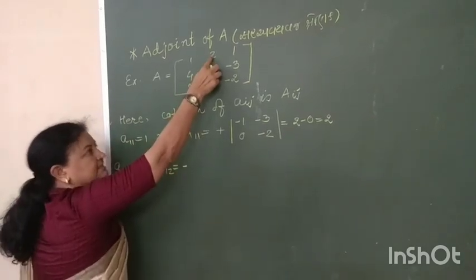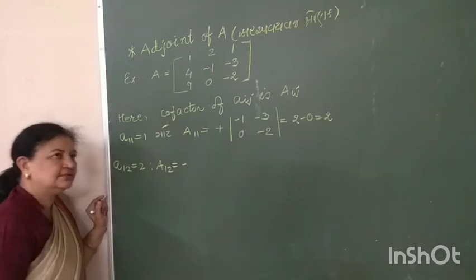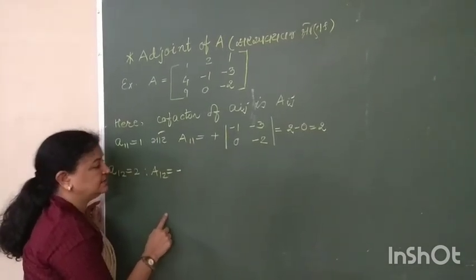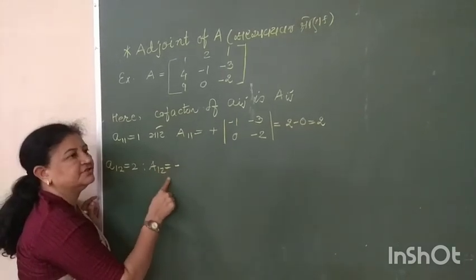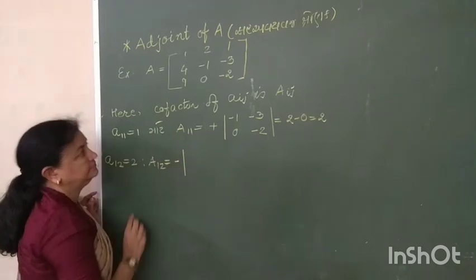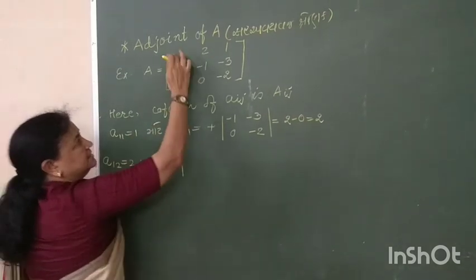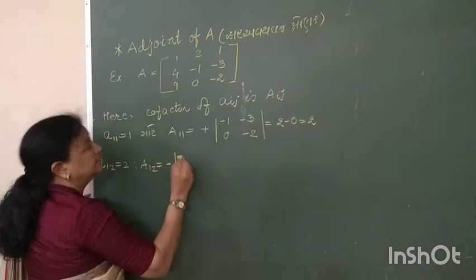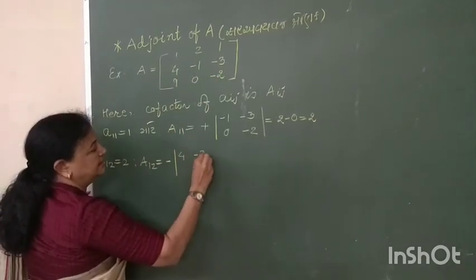A12, the second element, is negative. Otherwise, we can say -1 raised to 1 plus 2. Finally, it is negative. So here we remove the first row and second column and take the remaining entries in the determinant.